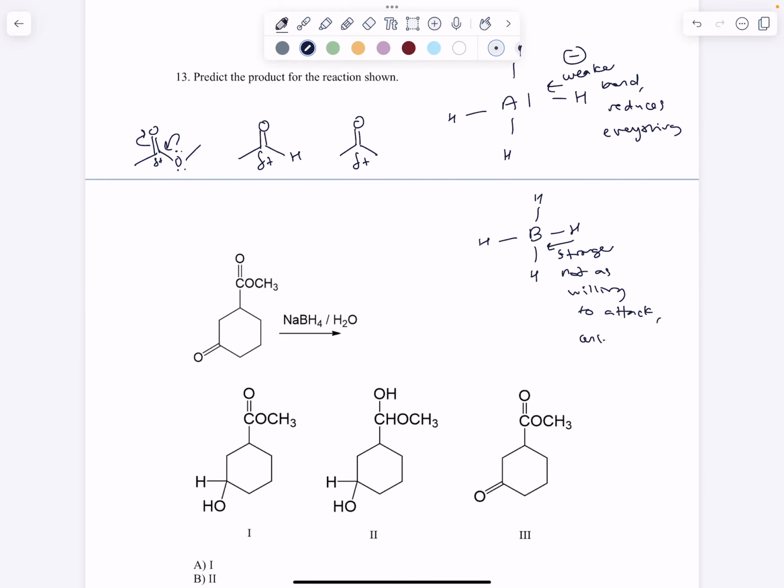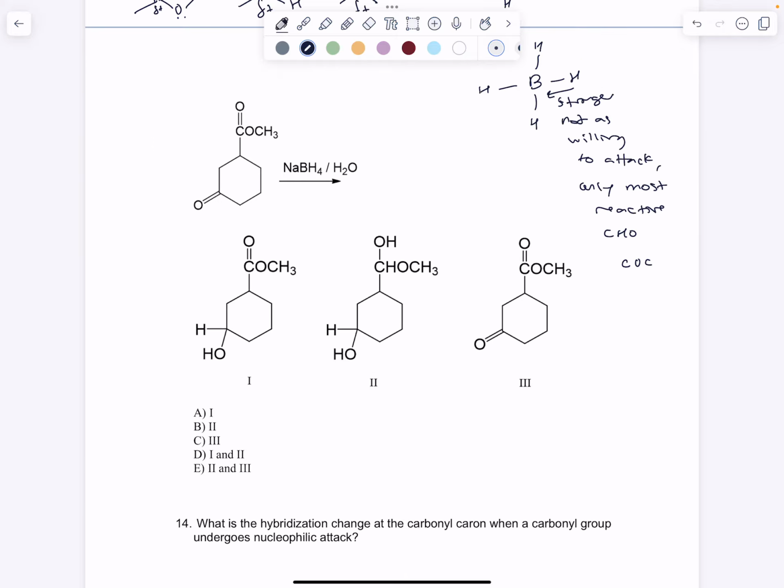It can only reduce the most reactive, which are aldehydes and ketones. And if you have a hard time remembering that, I do love the cake analogy, where if you're LAH, you can take the whole cake. If you're NaBH4, with aldehydes and ketones, you can only take a slice. But this is the reason behind it, so you don't just have to memorize it.